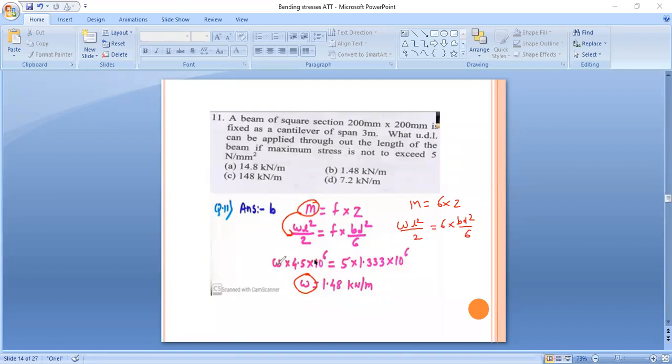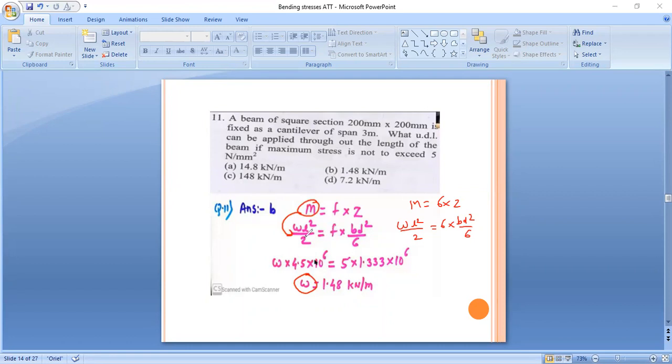So here W into L square, span is 3 meter here. We have to find the value of this W.